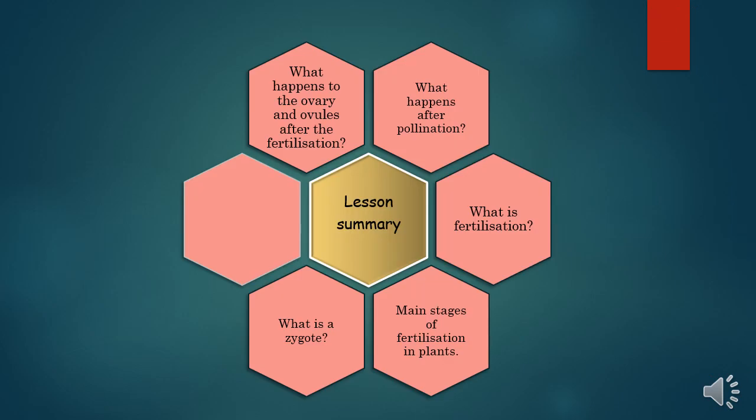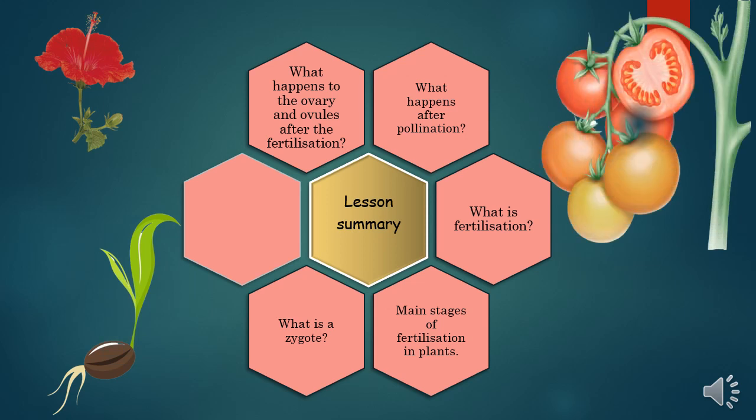So my dear students, before I finish today's lesson, I thought of giving a small summary. If you can answer these questions, that means you have understood the lesson in a proper way. What happens after pollination?